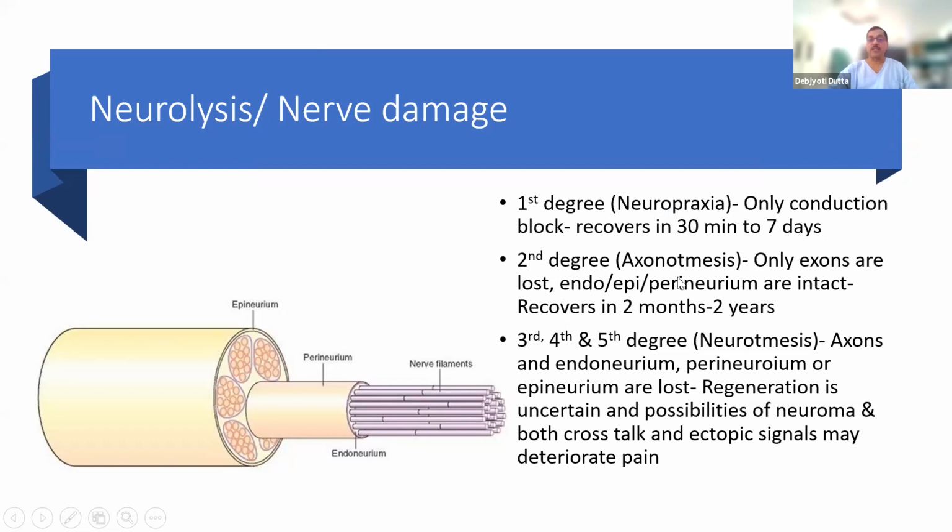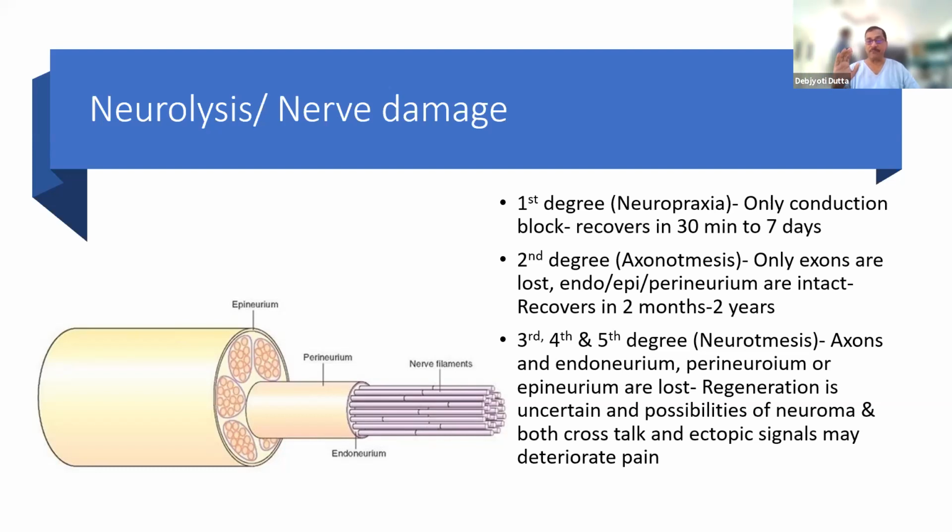Second is your axonotmesis, which is called 2nd degree. Here there is a discontinuity of the axons. And here the nerve conduction is blocked for a longer period. So it can be identified by electron microscope. And here the effect lasts for 2 months to 2 years, depending on what kind of fibers are damaged.